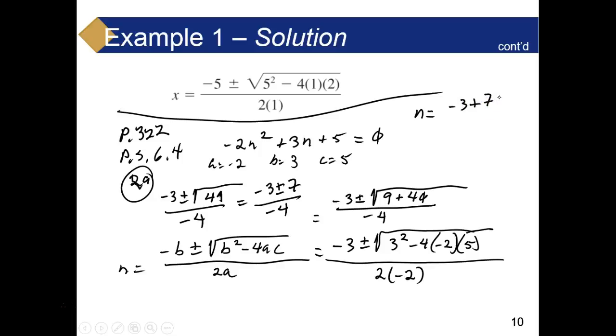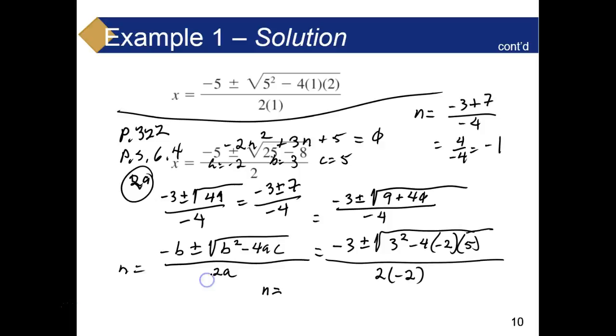Okay, it is 4. I understand what you're saying. Divided by negative 4. And what does that give you? 4 over negative 4, which is negative 1. There's a solution. And the other one is, n is equal to, I don't have any room, I'll write it down here.